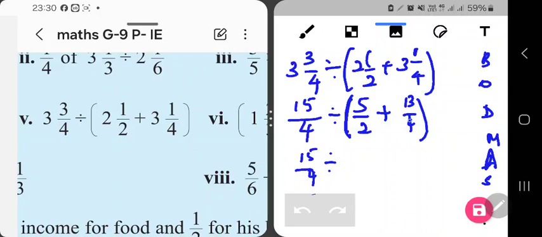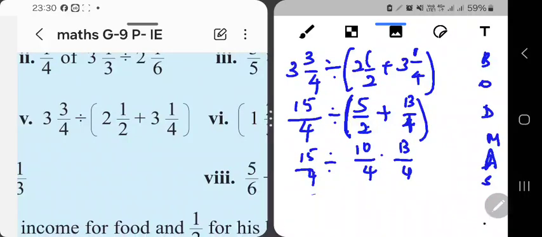Now you find it's an addition, so you have to make the denominators into equal numbers. It's easier to make this 2 into 4, so that we don't need to change this. So 2 times 2 is 4, likewise 5 times 2 is 10.